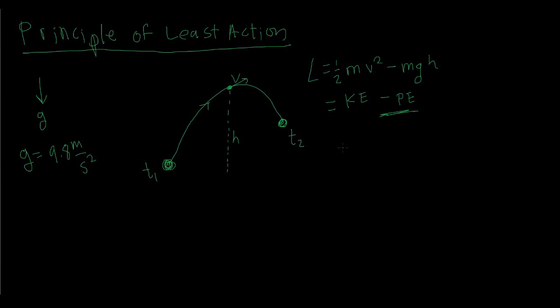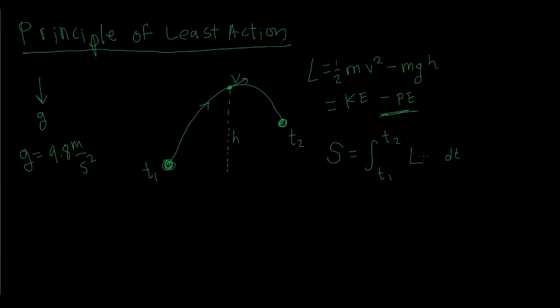So we can define another quantity, s, which is equal to the integral from t1 to t2 of L dt. And this is just the integral of L at every time between t1 and t2.